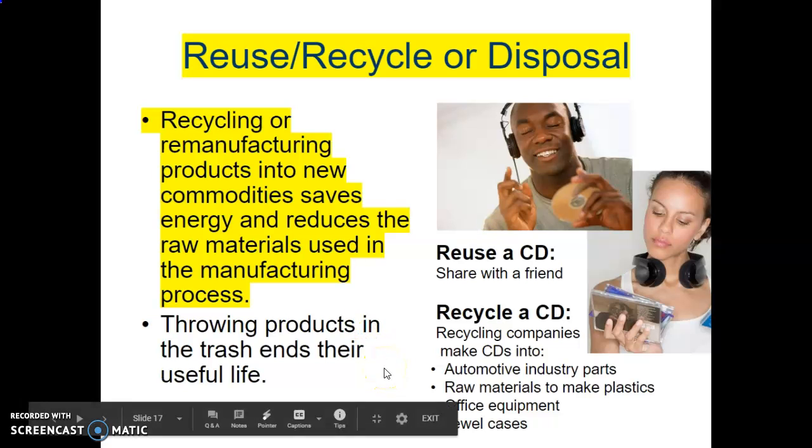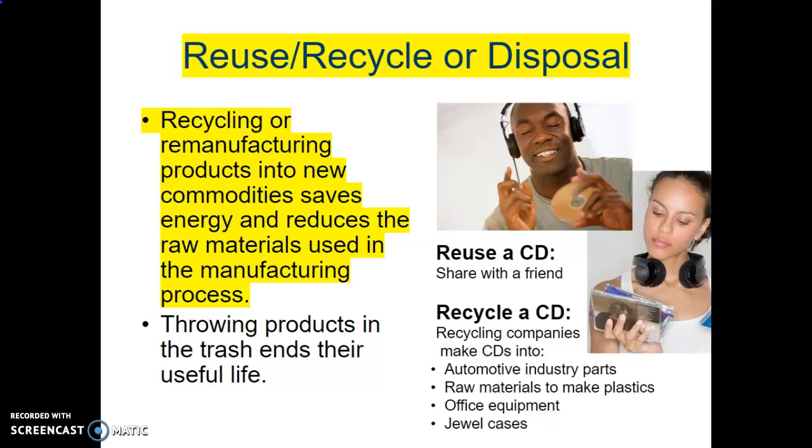So, for example, at this stage of the product life cycle, with our example, the CD, you could reuse it. You could share it with a friend. Okay? You could also recycle a CD. Recycling companies make CDs into raw materials to make other plastics, office equipment, jewel cases.